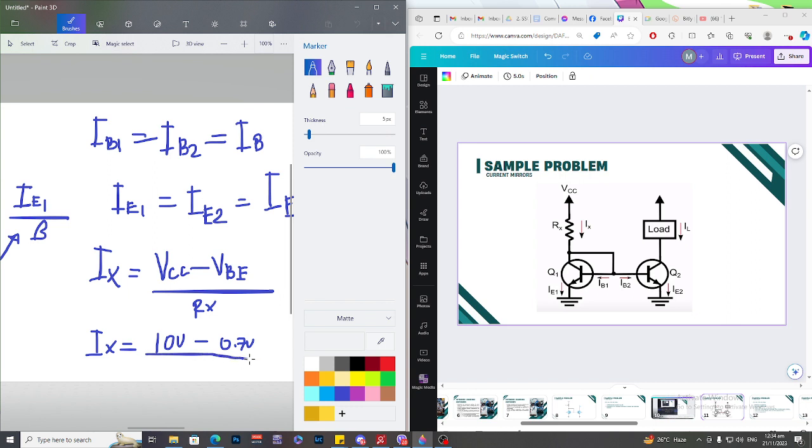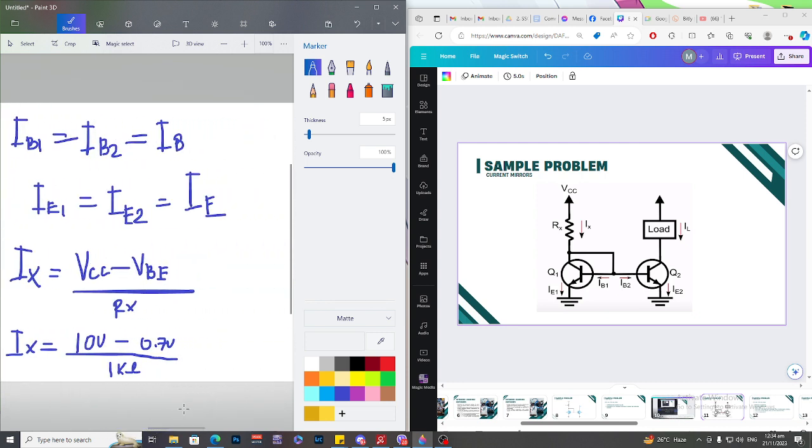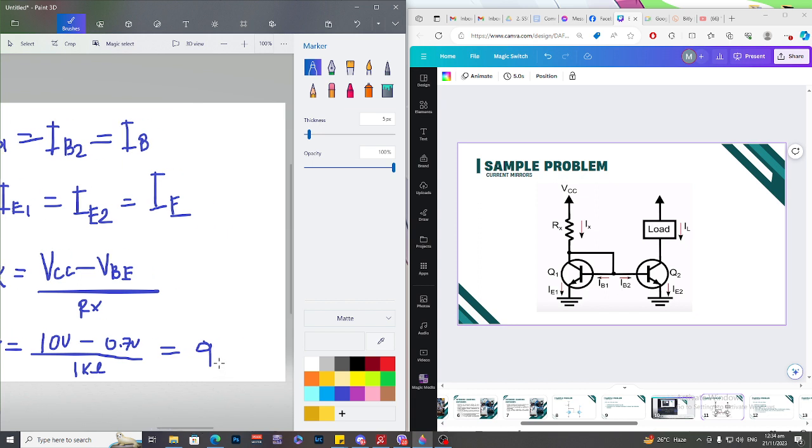Then all over 1 kilo ohms, so 1 kilo ohms Rx. Now we're going to calculate the value. Then we will get the value of 9.3 milliampere. So that is our value.